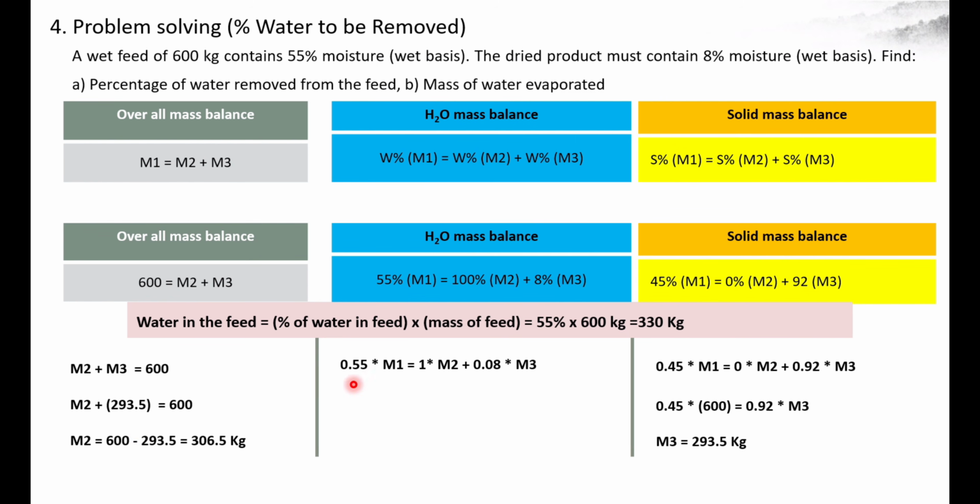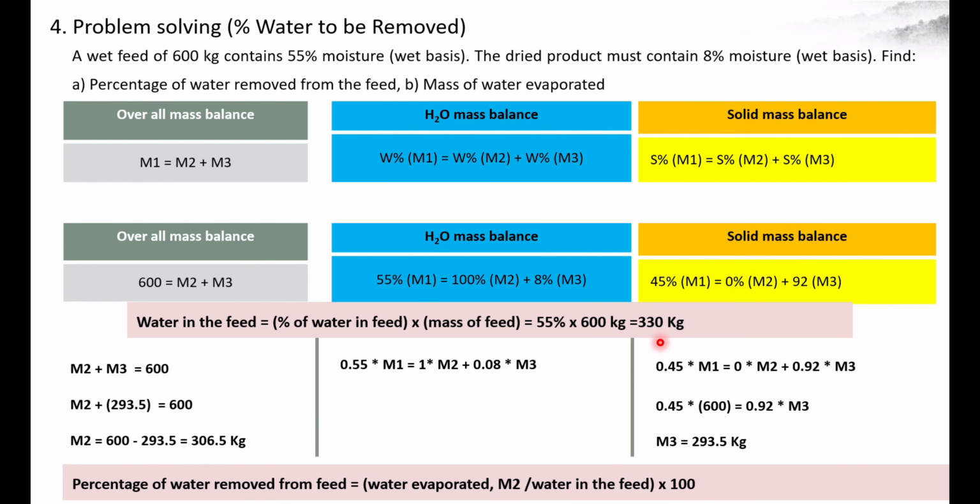Now I have calculated the mass of water evaporated and the mass of the dried product. But now we have to calculate the percentage of water removed from the feed. The water removed from the feed is 306.5 kg. Water in the feed is 330 kg. Hence, the percentage of water removed from the feed is water evaporated, M2, divided by water in the feed.